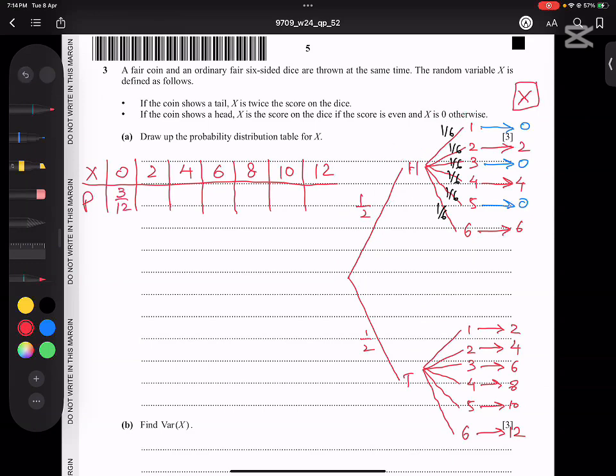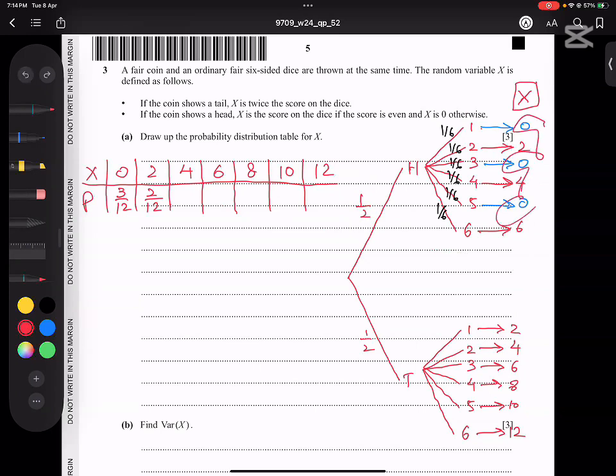So the idea is clear. Let's talk about 2. How many 2s? 1, 2 here and 1, 2 down. So this is 1 by 2 into 1 by 6, and this is 1 by 2 into 1 by 6. So I got 2 over 12. Make sure each branch answer is 1 by 12. I just count the branches. 2 comes 2 times, so 2 by 12.